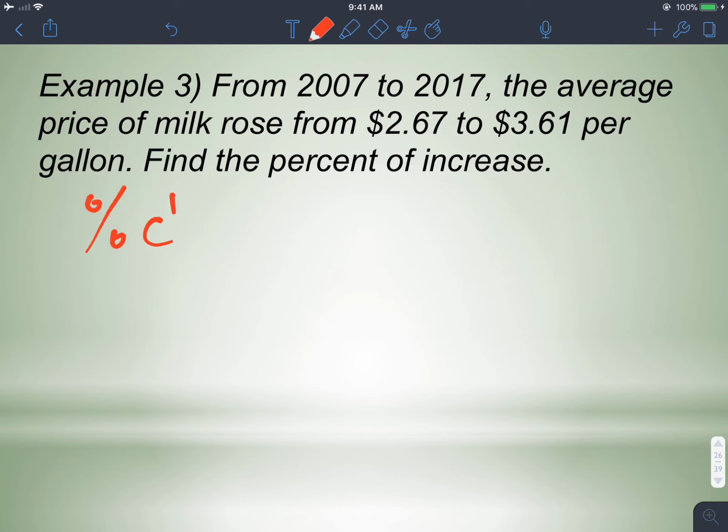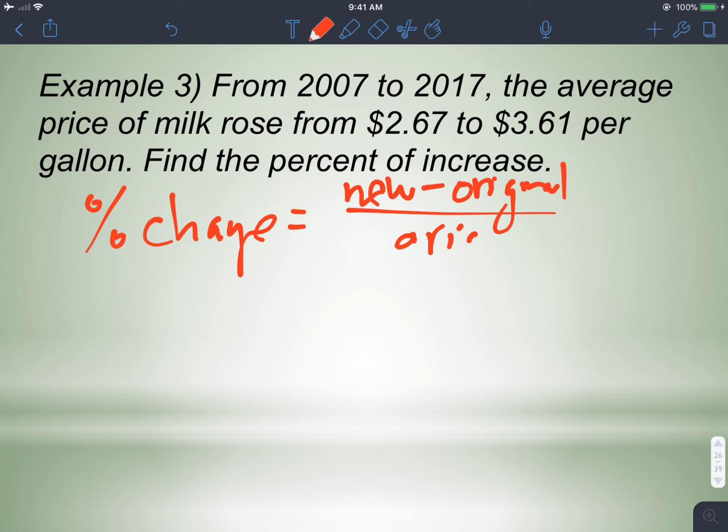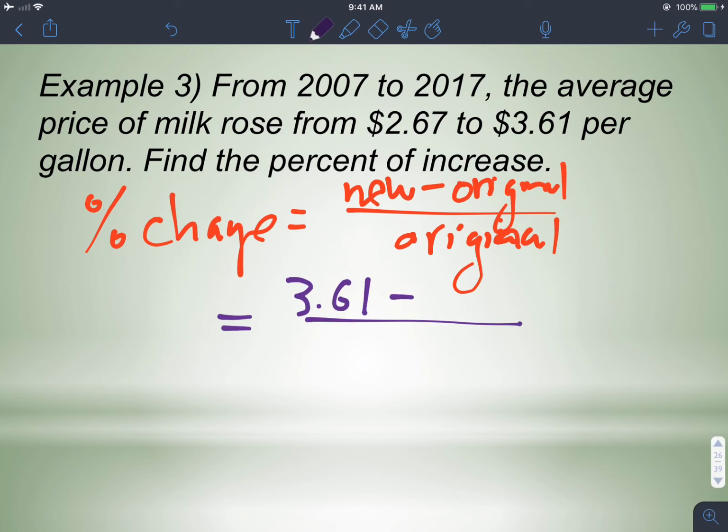There's another equation we can think of: percent change is new minus original over original. Okay, so let's think. What is the new price? $3.61 is the new price. What's the original? $2.67.